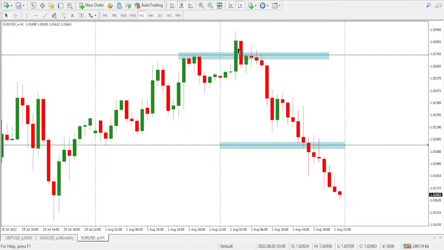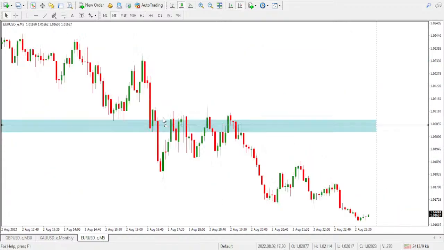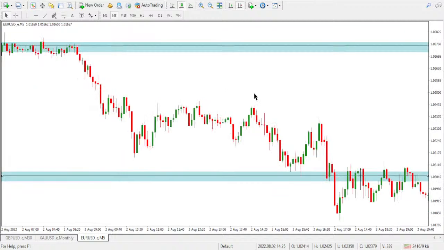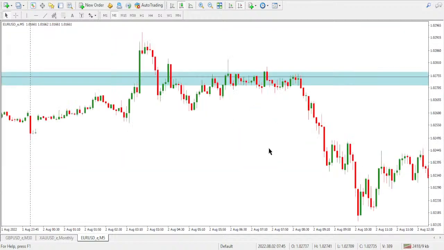Once you have a zone like this one, the best thing to do is to quickly go down to a lesser time frame, like 5 minutes, and figure out how the price is using that level. Normally when the price hits such a level, it tends to consolidate.